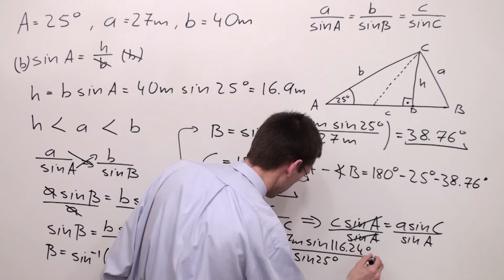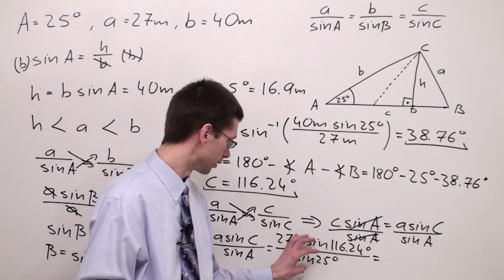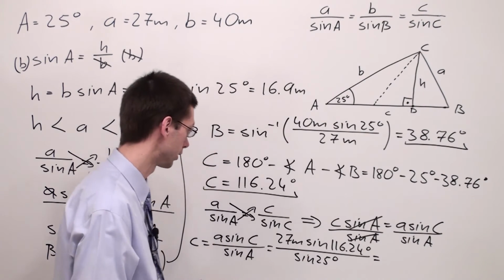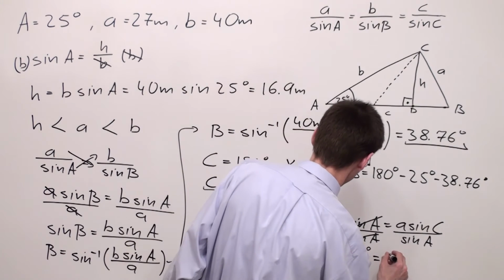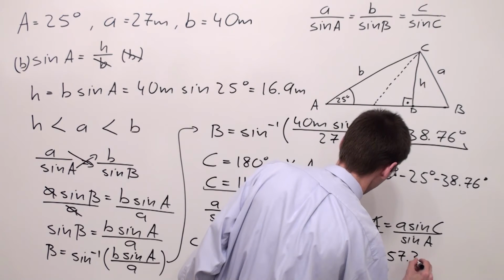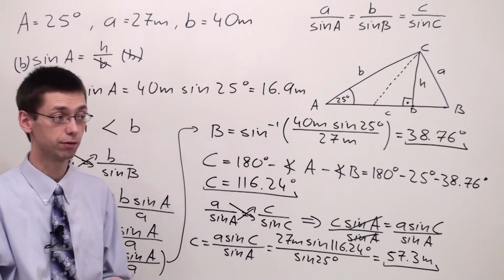You're supposed to plug these functions and the numbers into the calculator and do everything in one shot, and you're supposed to obtain the value 57.3 meters.